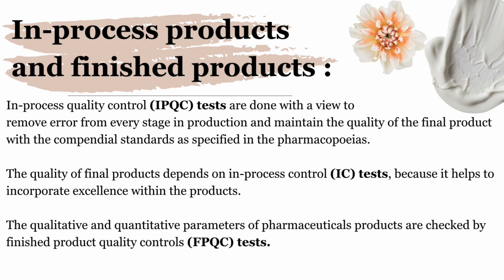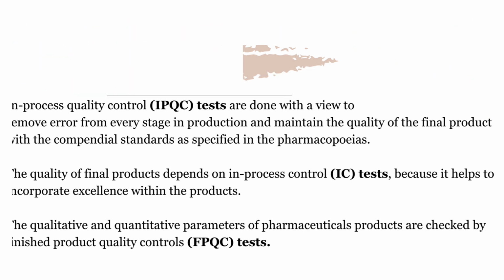The quality of the final product depends on in-process control tests because they help to incorporate excellence within the product. The qualitative and quantitative parameters of pharmaceutical products are checked by finished product quality control, FPQC, tests.